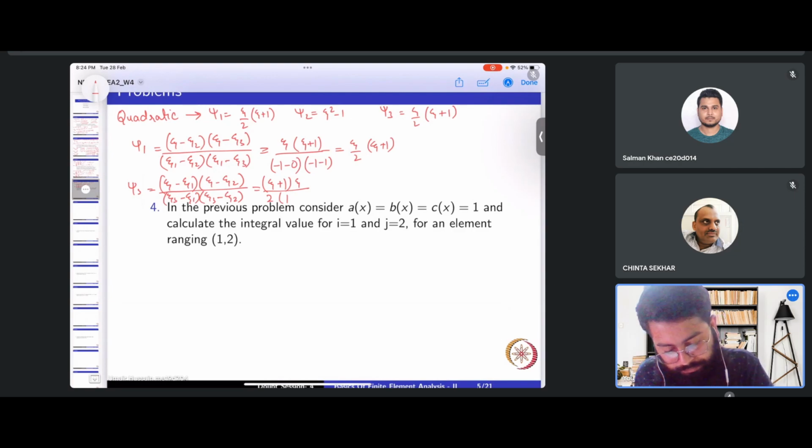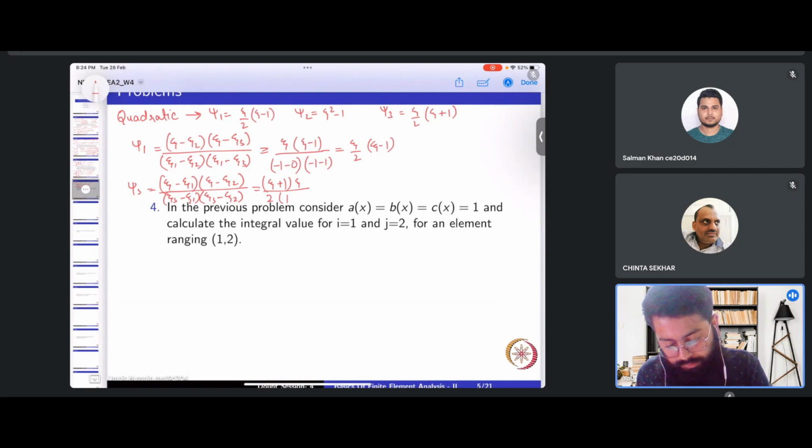I made a mistake here, so I'll check it again. Zeta minus zeta 1 is zeta plus 1. Zeta minus zeta 2 is zeta.